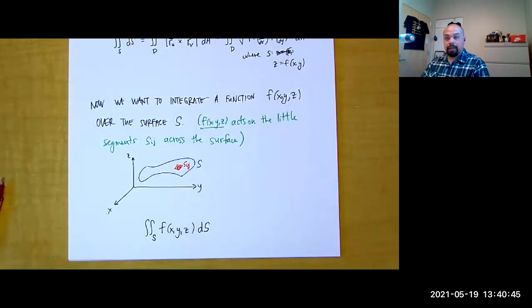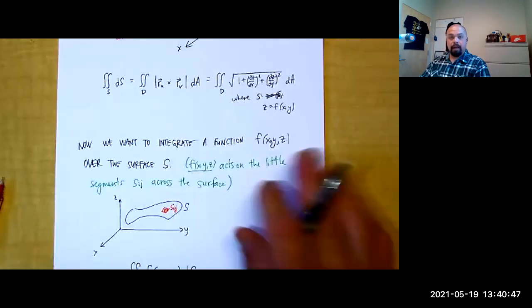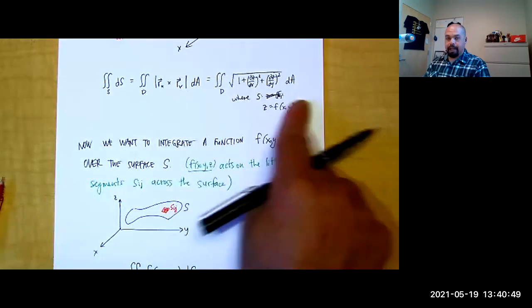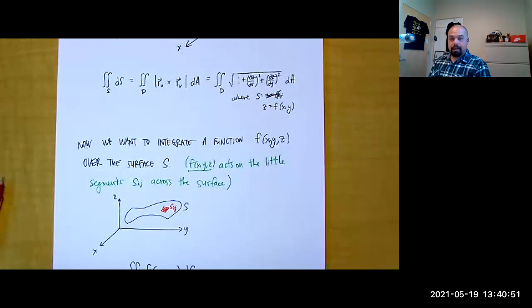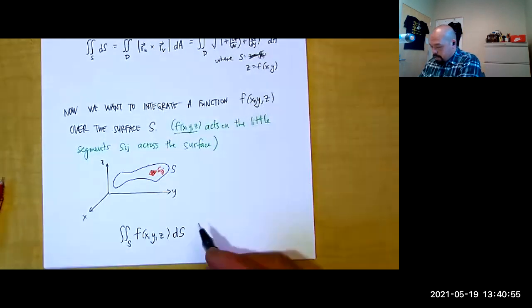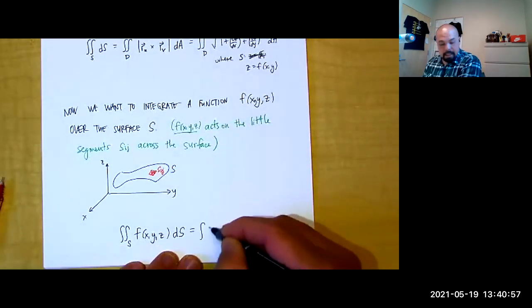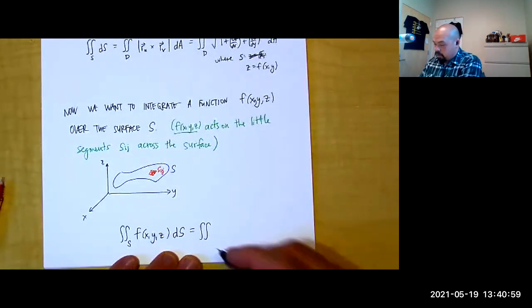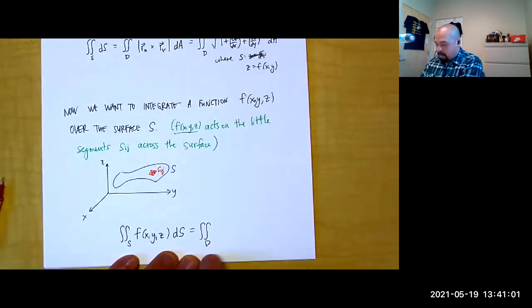Okay, and what we saw with our integration work yesterday is that we can actually rewrite that double integral as this double integral over this region D over which we're integrating, parameterizing.